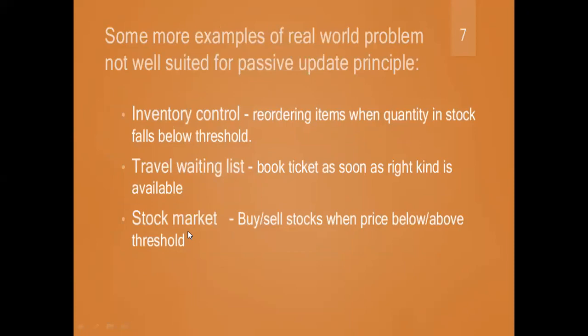Some more examples we can see here are inventory control, traveling waiting list, stock market. Inventory control means we are maintaining the records of some stocks, right? It can be any business which is having a stock market. We need to maintain it minute to minute, as well as for traveling details also.